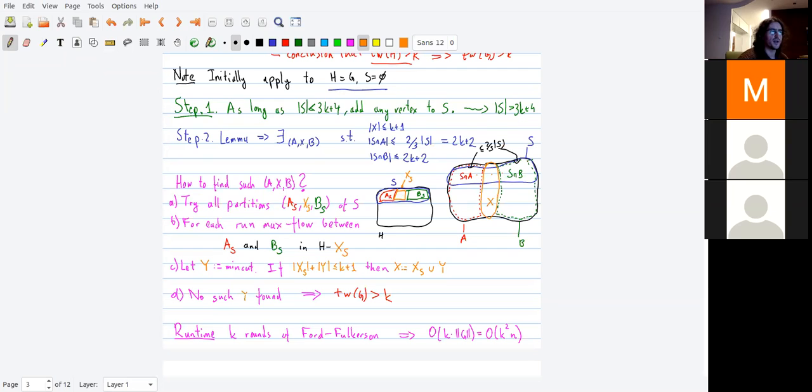So now I would like to understand whether I can somehow extend this part of the separator that is contained in S to the rest of the graph in order to separate this part from that part.